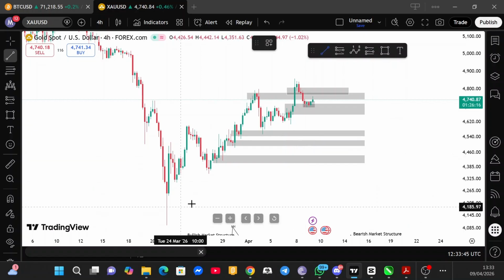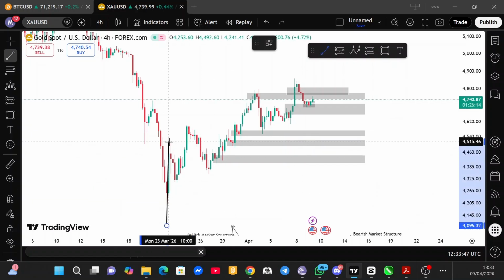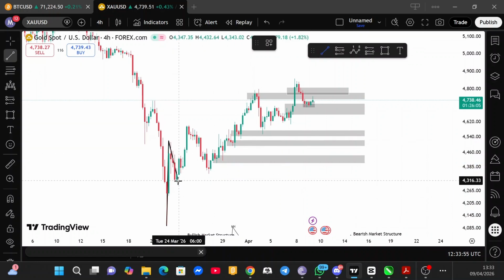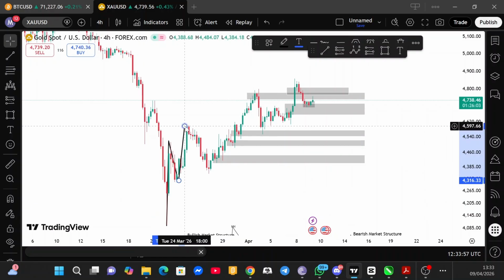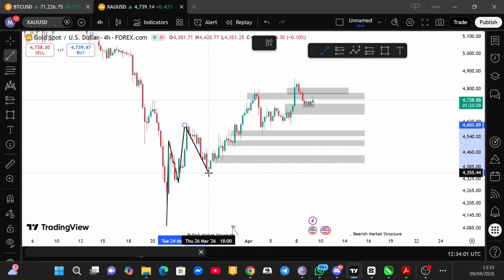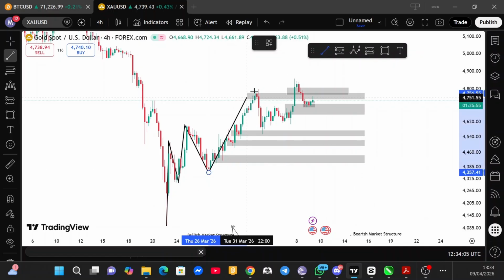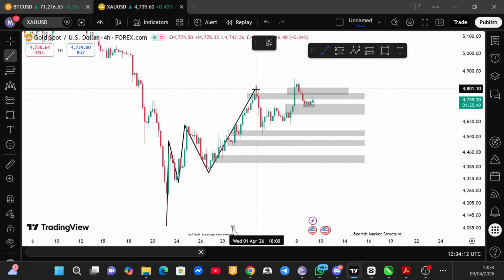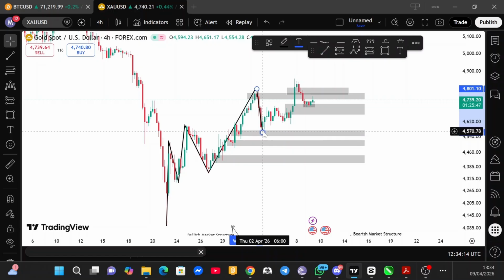So let's do this. The market pushed up from this point to this point. It pushed down to this point and then pushed up to this point, came down to this point. The market also pushed up again to this point, pushed down to this point.